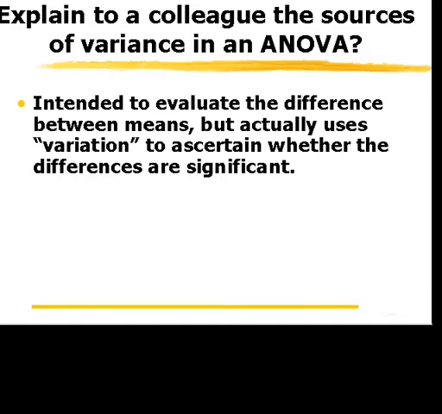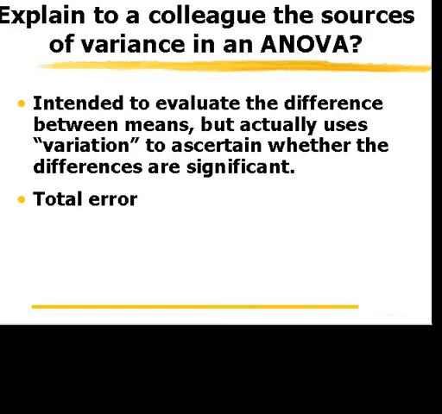The analysis of variance is intended to evaluate the differences between means, but it actually uses variation to ascertain whether the differences are significant. So it seems kind of backwards that you would use differences in variance to evaluate whether the two mean scores are the same or different, but this is what most of the general linear models do.